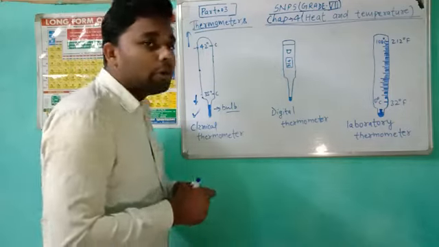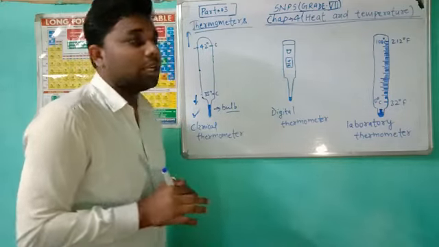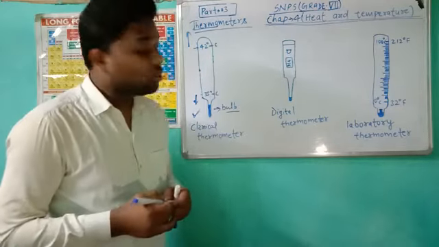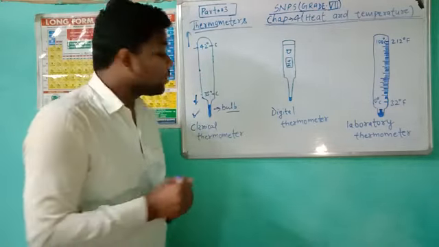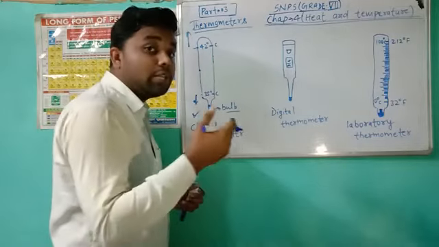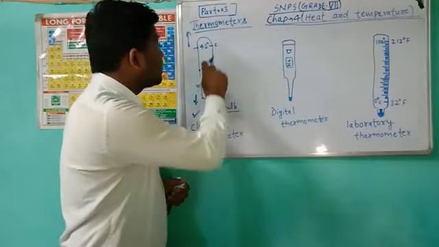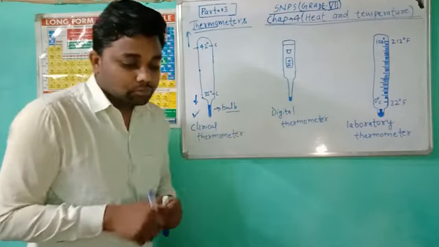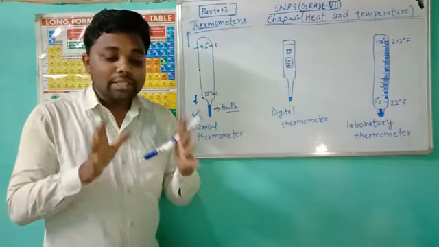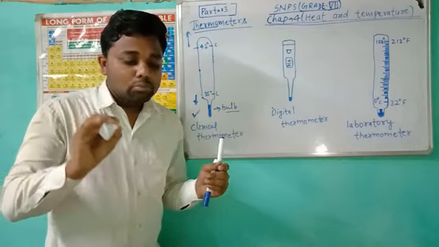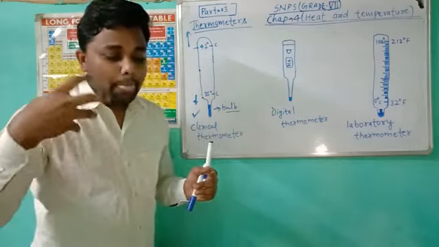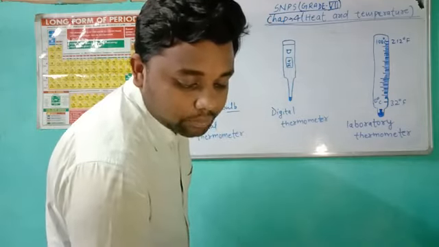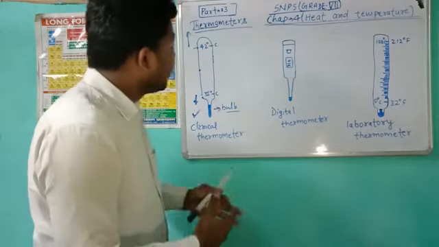A healthy, living human body has a temperature between 35 and 42 only. So the clinical thermometer's minimum measuring temperature is 35 degrees Celsius and highest is 42 degrees Celsius. This is a specially designed thermometer. I hope all this is clear.